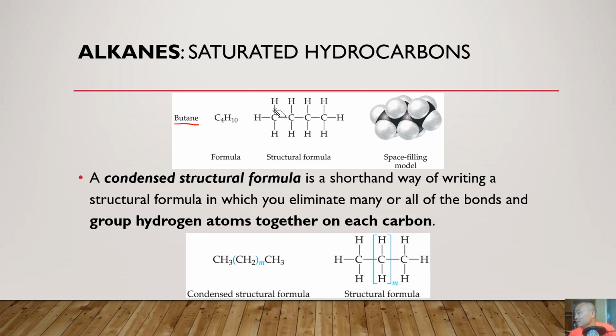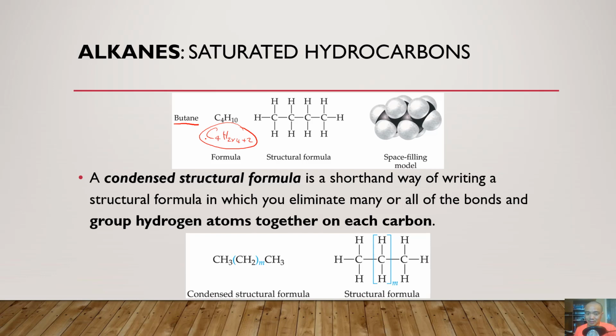So for a terminal carbon, you would need 3 more hydrogens because you already have a single bond between carbon and carbon. We'll go over the details later on. But you look at it, it's all single bonds. So this is an alkane, as you can see in the formula, because C4H10 can be written as C4H2 times 4 plus 2. This is all single bonds. It is an alkane, a saturated hydrocarbon.